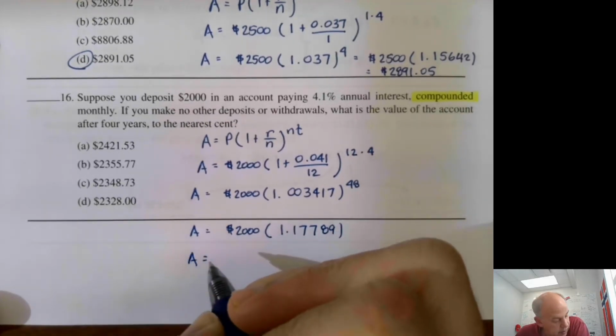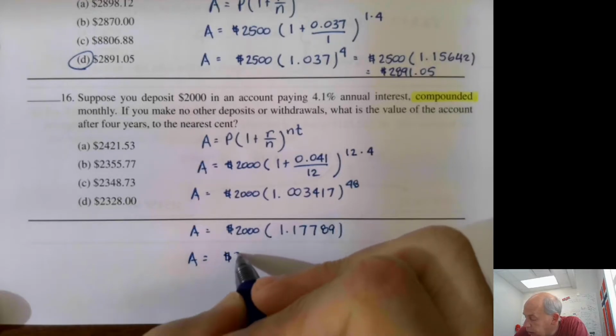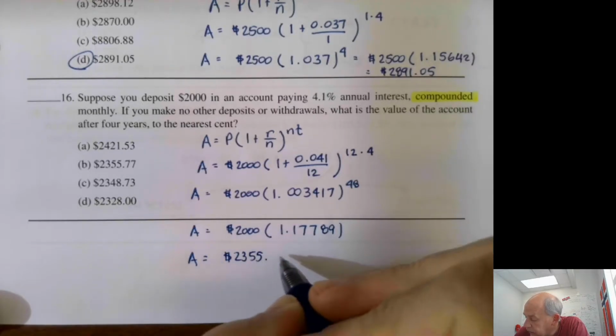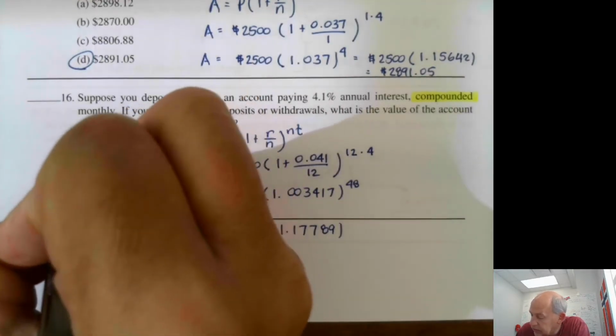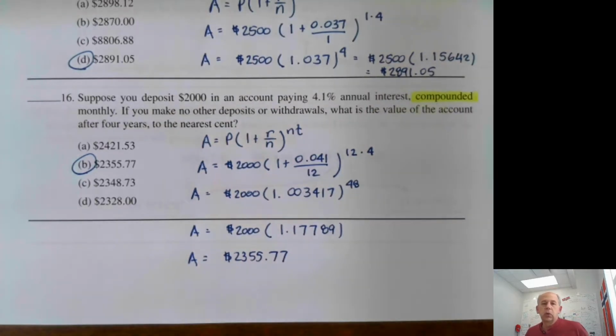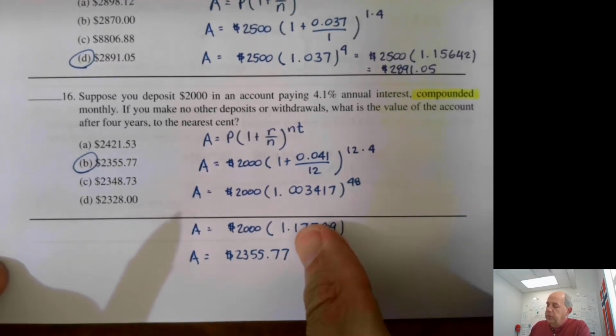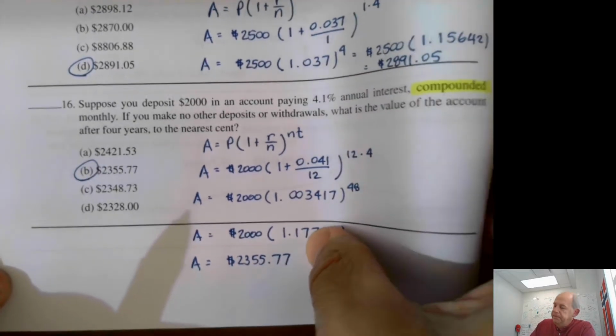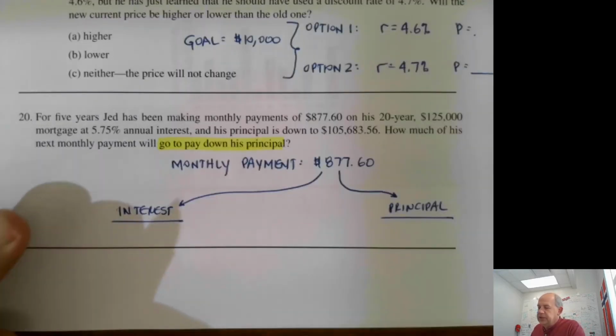My future amount is 2355.77. My answer is choice B. So there is how you would do that one from start to finish, recognizing what type of problem it is, compound, and then plugging in the numbers into the formula. And you're set. Let's take a look at number 17.